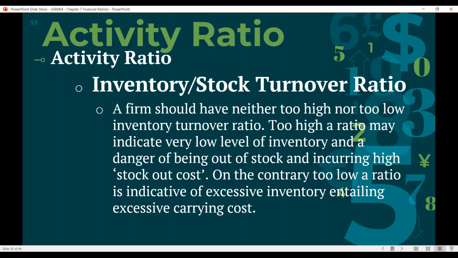So if possible, your inventory turnover ratio should be balanced. Dili lang pud siya too low, dili pud too high. So that's it for inventory stock ratio. Again, this focuses more on your inventory, ang imuhang available nga stocks nga products sa imuhang company.